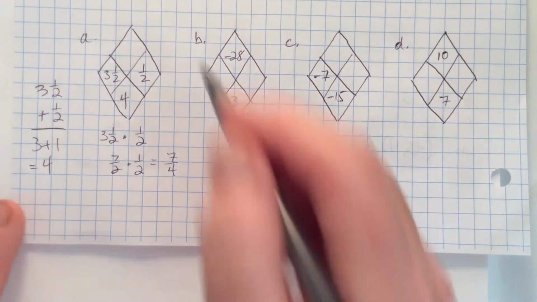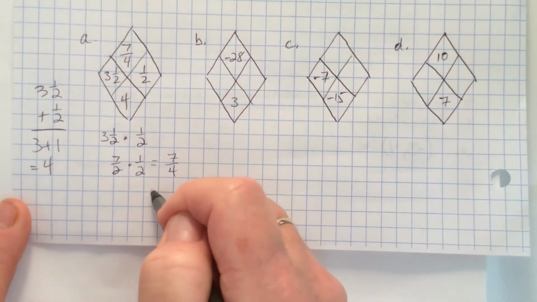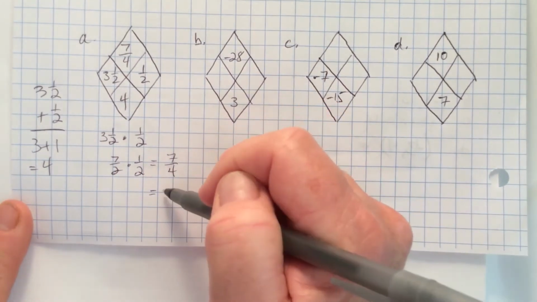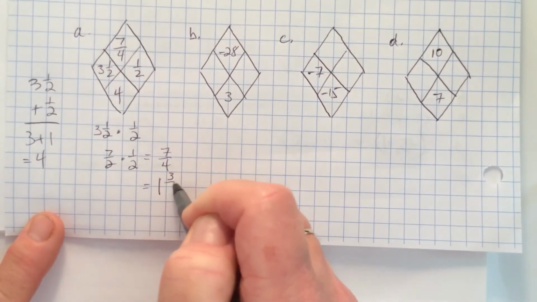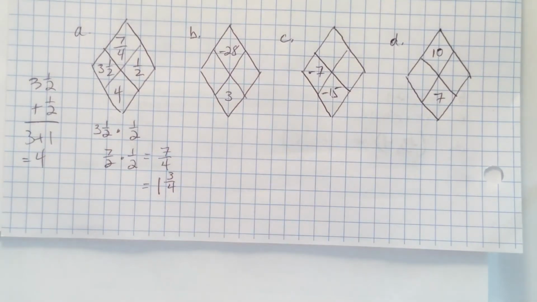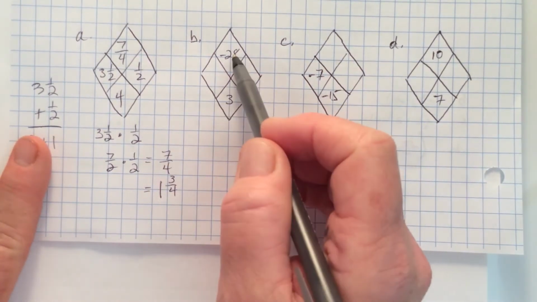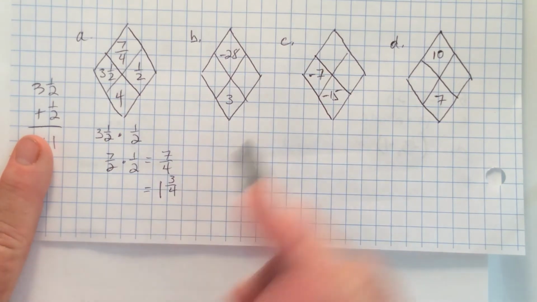You can leave that as an improper fraction, 7/4, or you can change it to a mixed fraction. 4 goes into 7 once with a remainder of 3/4.